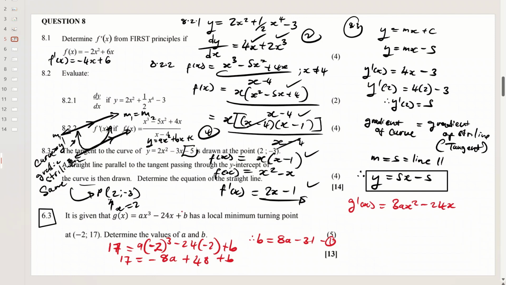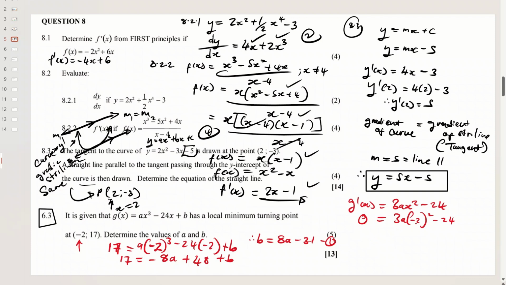Remember b is a constant, so the derivative of b will be just 0, and this one will be negative 24. So you make that substitution. Remember, you have to let this equal 0, and also simultaneously make the substitution.